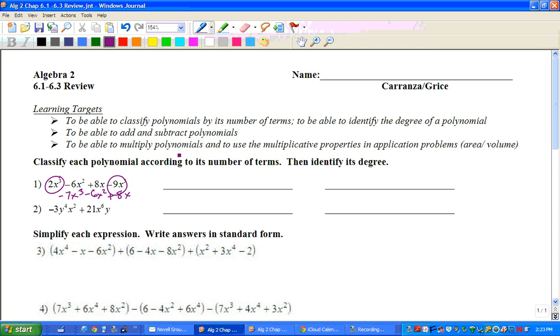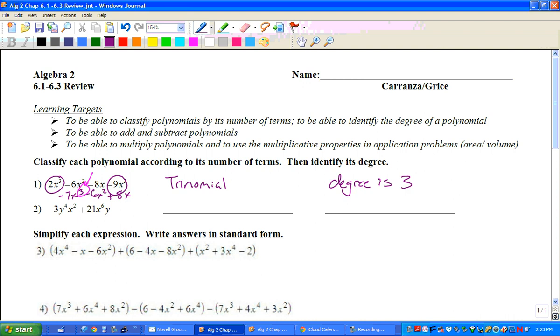Okay, so those actually shorten up, and now we've got 1, 2, 3, which means it's a trinomial, and we're looking for the highest exponent, which is right there. So the degree is 3.